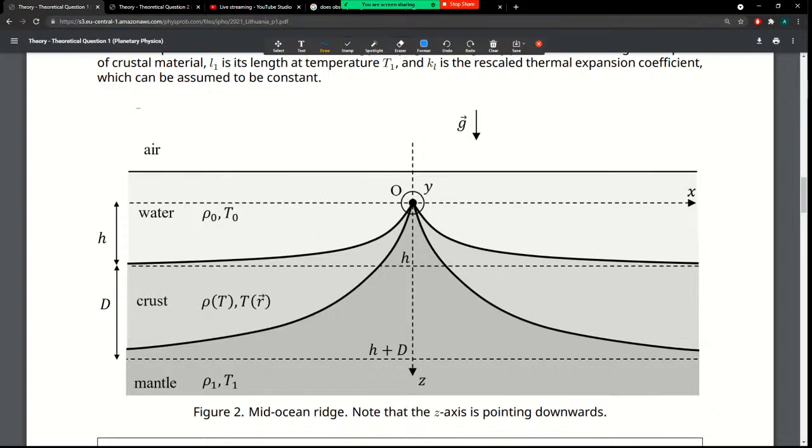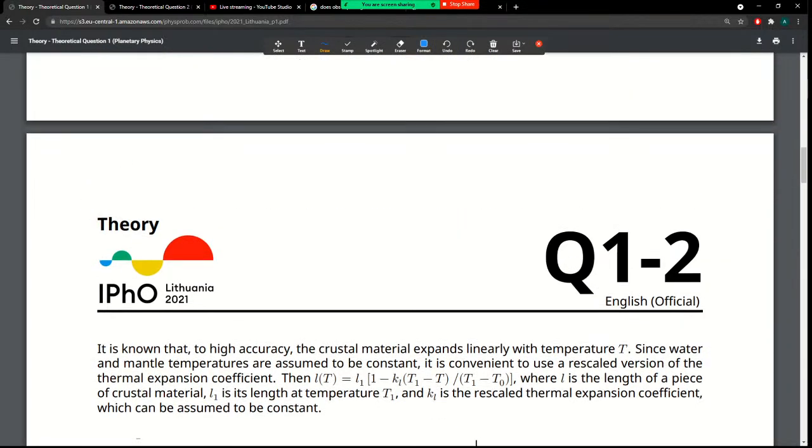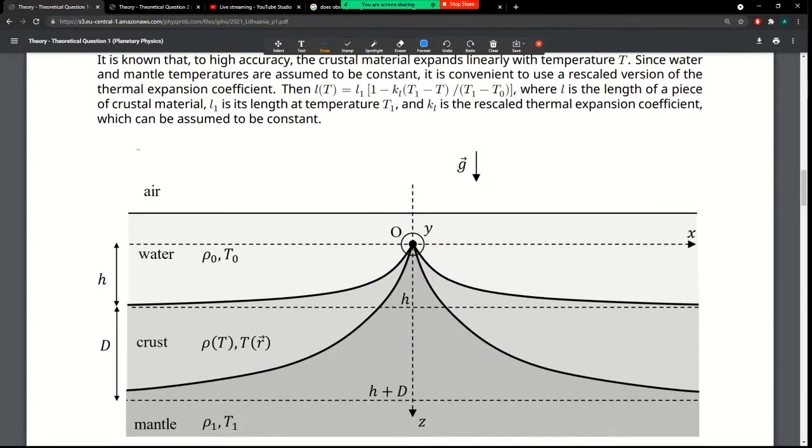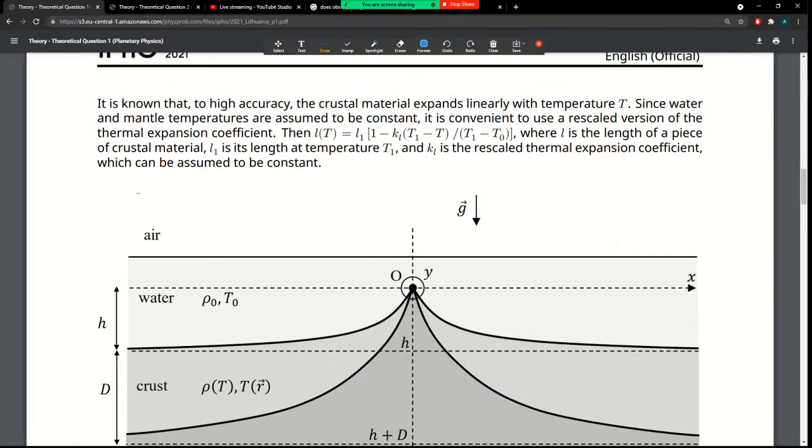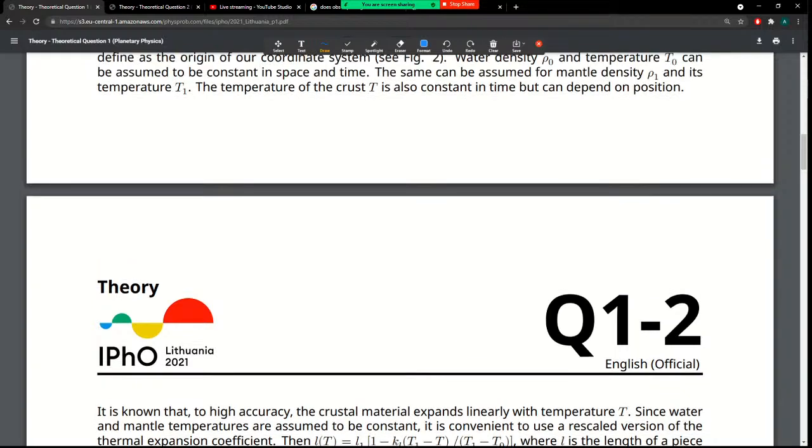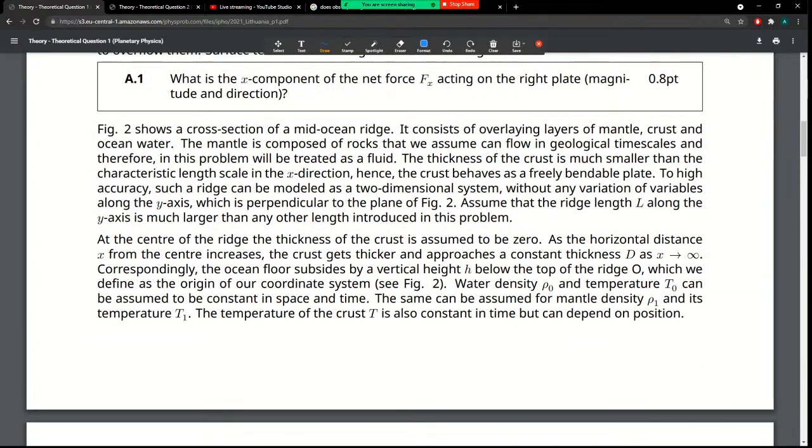Assume that the ridge length L along the y-axis is much larger than any of the lengths introduced in the problem. At the center of the ridge, the thickness of the crust is assumed to be 0. As the horizontal distance x from the center increases, the crust gets thicker and approaches a constant thickness t as x tends to infinity.